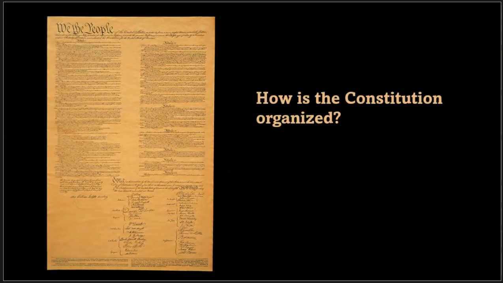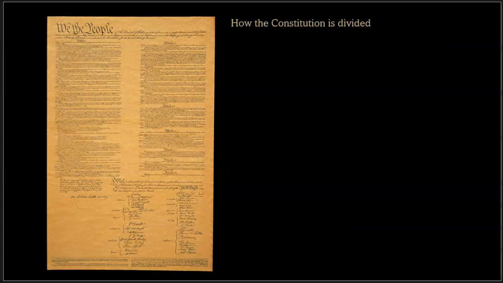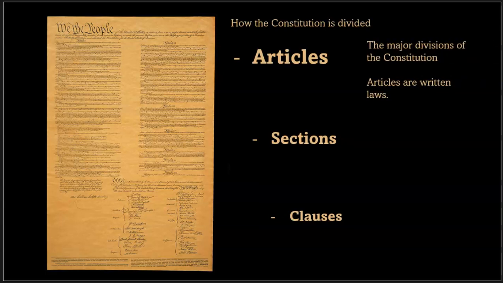It is organized into articles, sections, and clauses. So let's talk about those. The articles are the major divisions of the Constitution. Articles are written laws. So that's the major division. There are 7 articles in the U.S. Constitution.